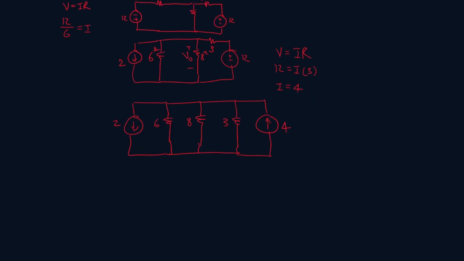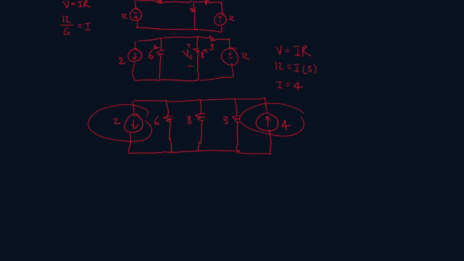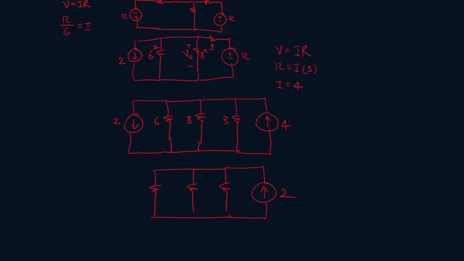Then that means we can add these two up. So 4 and minus 2, because it's moving the opposite direction. We can rewrite the circuit like this. Two, like that. Okay? So now we have 6, 8, 3. And we can combine these two.